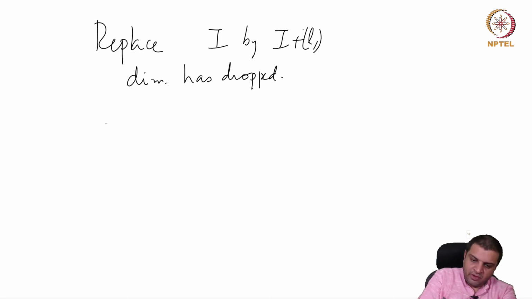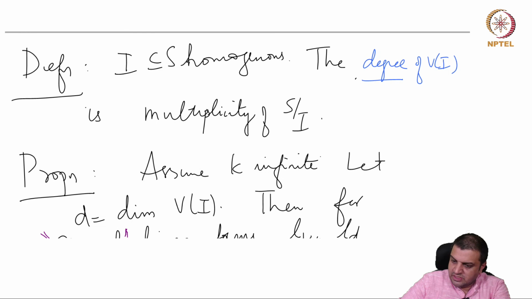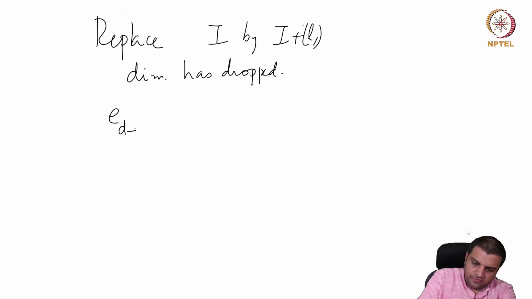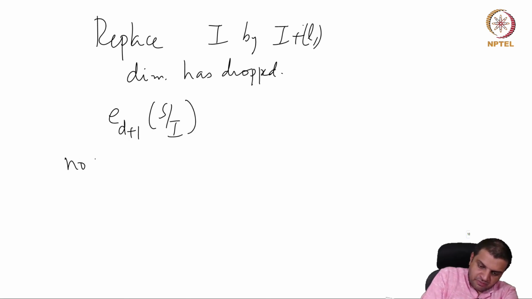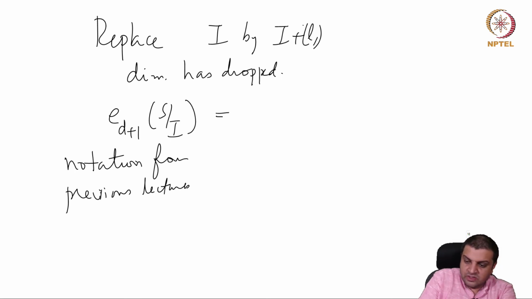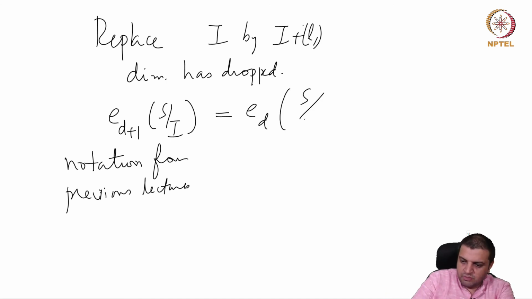Remember that the multiplicity of S mod I is E sub D plus 1 in the notation from previous lectures. This is the same thing as E sub D, the multiplicity of S mod I plus L1.